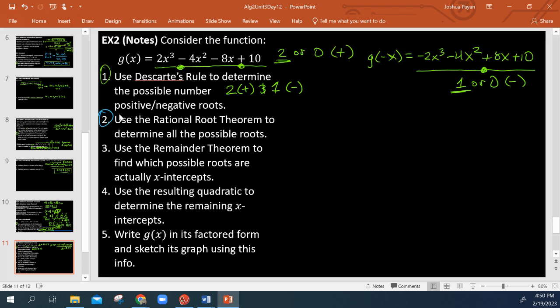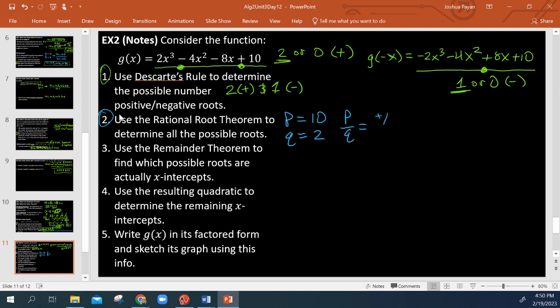Okay, so then on to the rational root theorem. So let's go ahead and establish P is equal to 10, Q is equal to positive 2, P over Q is going to give us our possible rational roots.